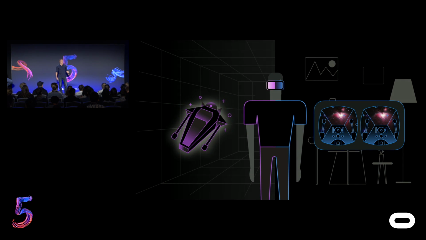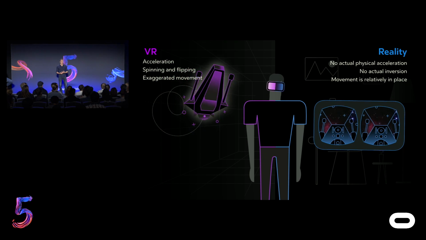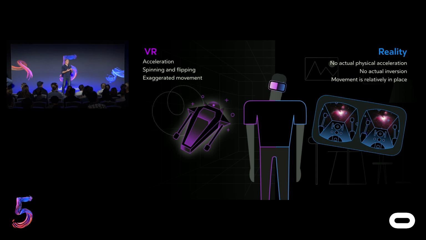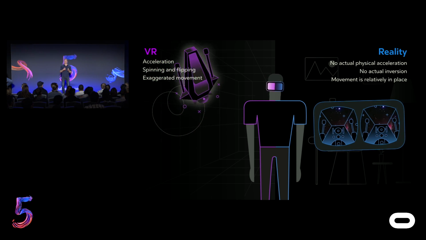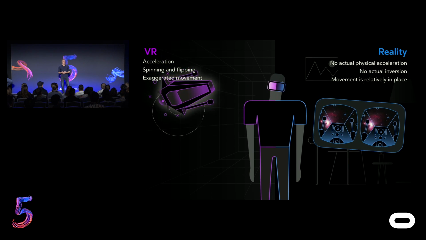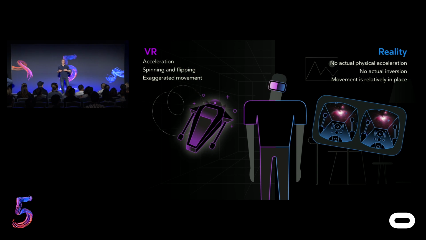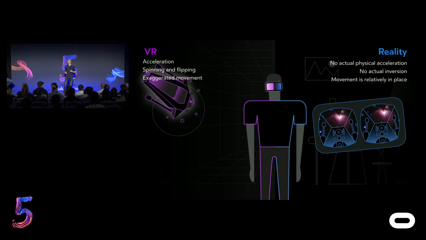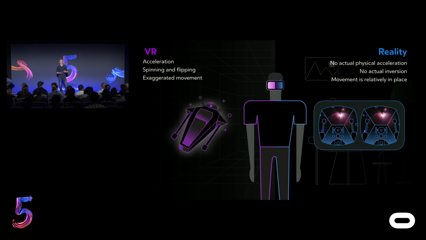So, very briefly, when we talk about locomotion, what is this issue that we're actually trying to solve? It's really a mismatch between what you're seeing in VR, so movement within VR, compared to what you're actually experiencing in the real world. When we're in VR, often applications will seek to accelerate, to add extra rotations, and these aren't felt in the real world by your ears and your body, but they are seen by your visual system.